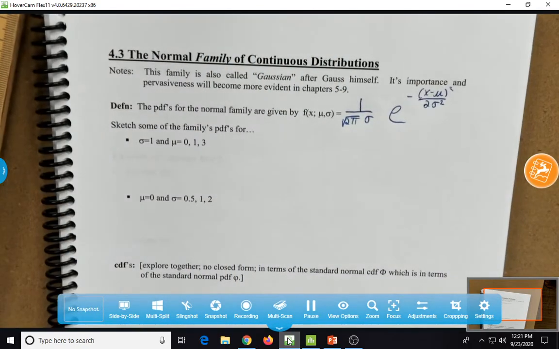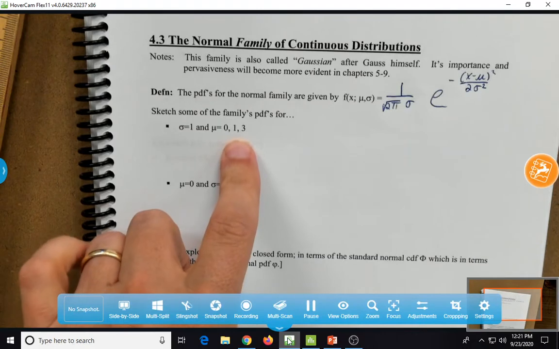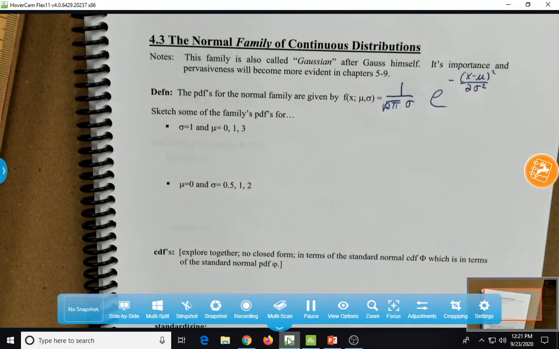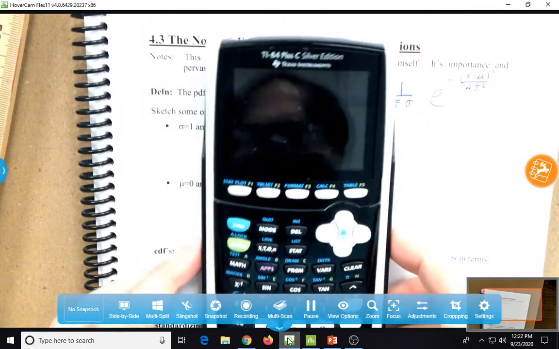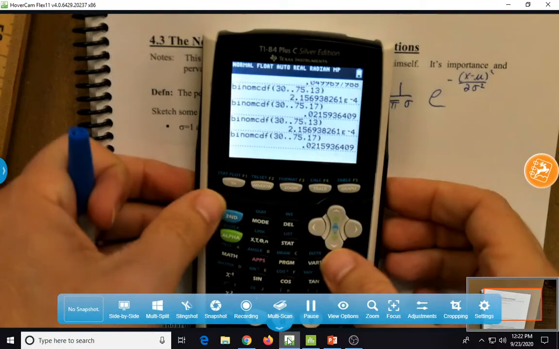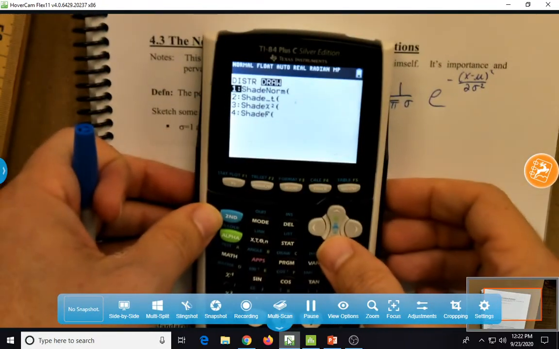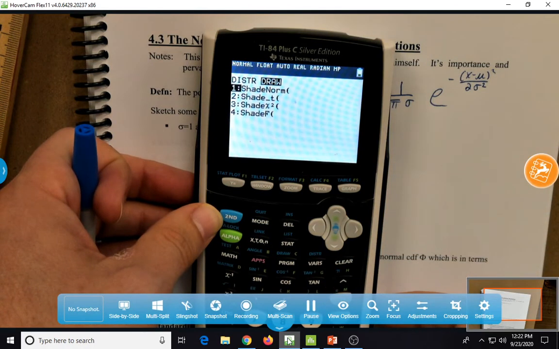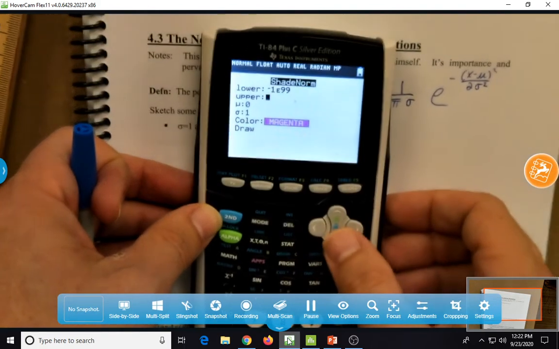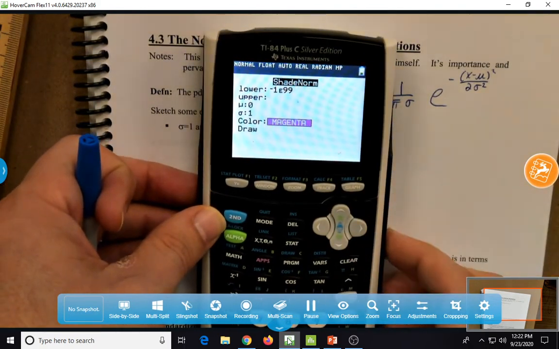So let's go ahead and sketch some of the family of PDFs for this. I was just going to use Minitab, so I'm going rogue here. Might not be such a good thing for me to do. So if you draw, now let's go up to 100.